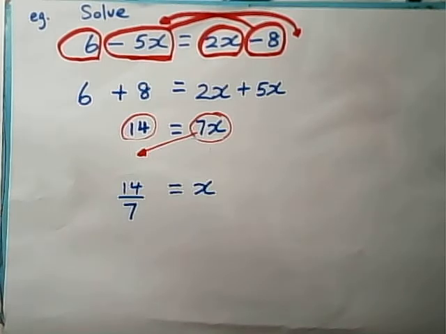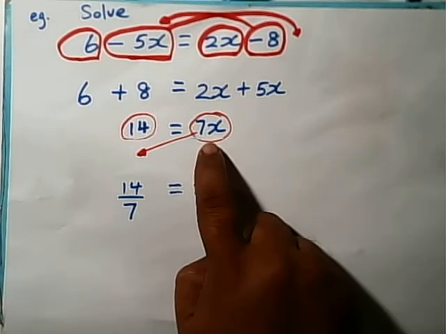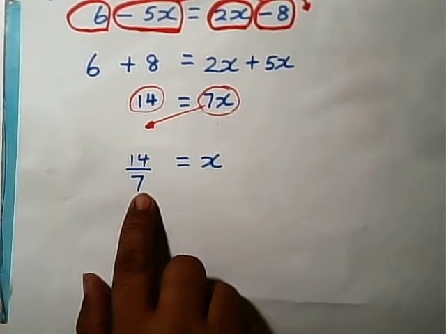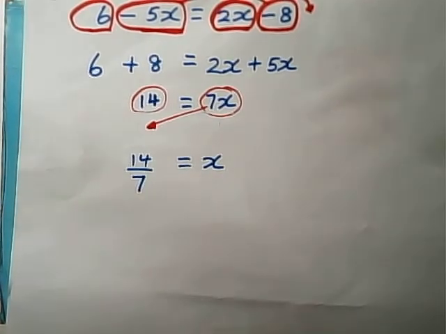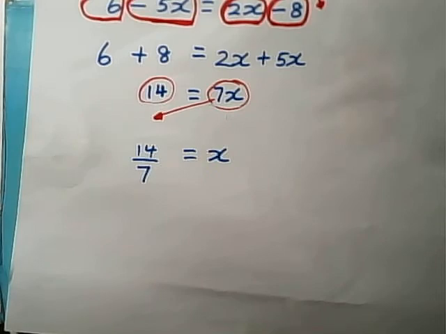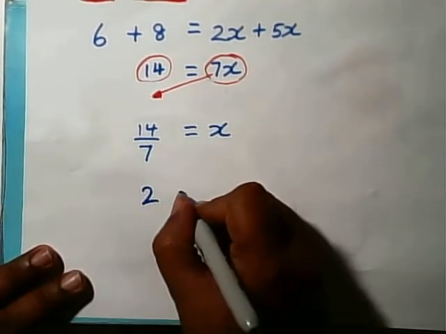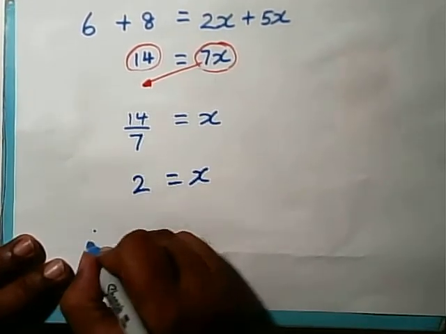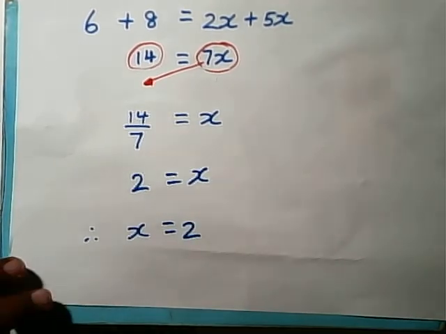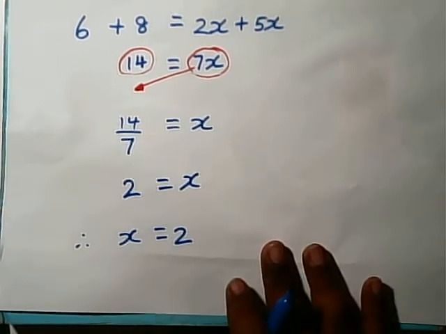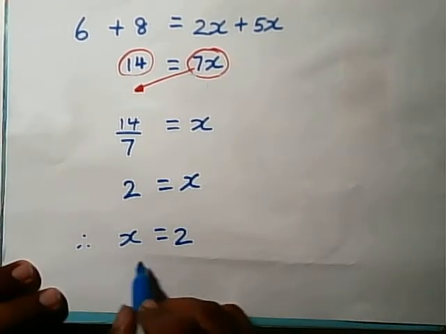The 7 went here, going underneath the 14, and this is what I'll write. 14 over 7 equals x. And 14 divided by 7 reduces to 2 is equal to x. So now I can just say therefore x is equal to 2. Okay? And that's how you work it out. That's your answer.